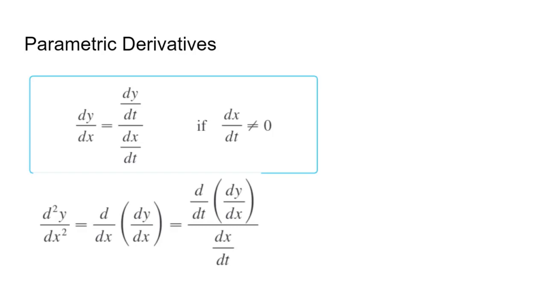It has to pass the vertical line test to be considered a function, right? When we draw a vertical line through any place on this graph, it can only cross it at most one time. That, however, is not the case with parametric equations. We can draw vertical lines and it can cross many times and still be considered a function.